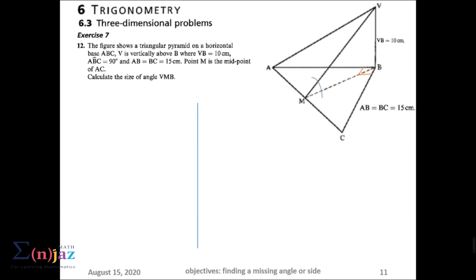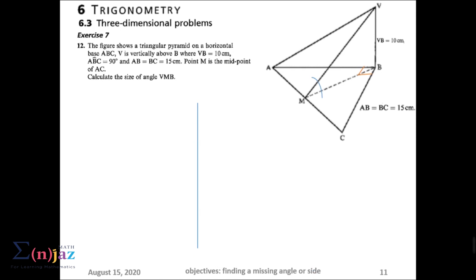What they want from us in this question is finding angle VMB. To find this angle, we have to find the length of MB.